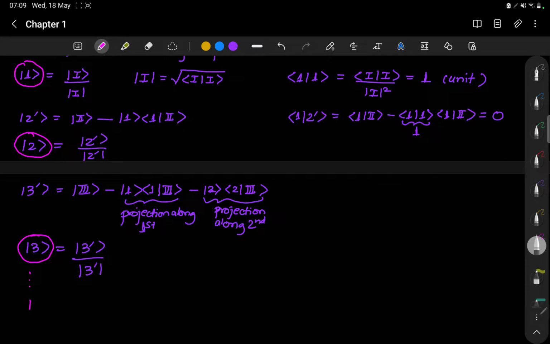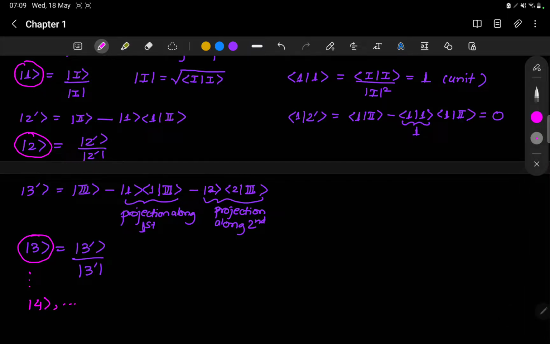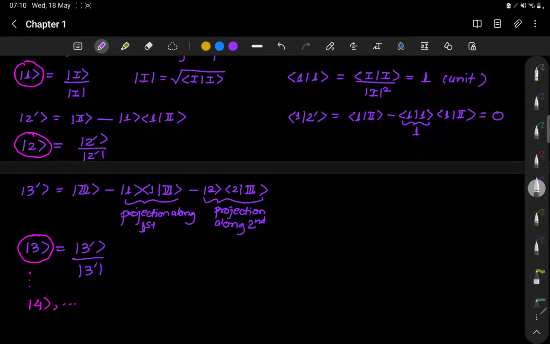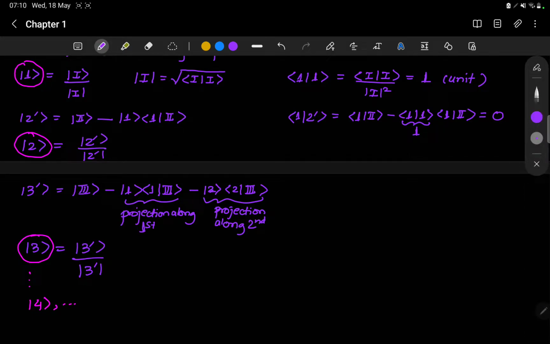So we will have 4 and so on until n, being the dimension. So if we have n linearly independent basis vectors, this is how we will obtain the orthonormal basis. So our orthonormal basis is 1, 2, 3 written in numeric format and so on.